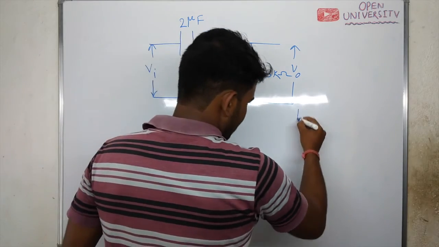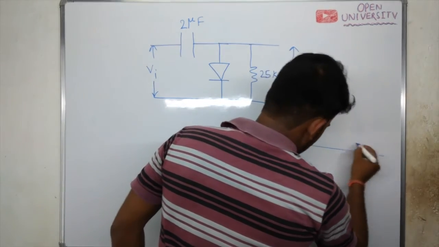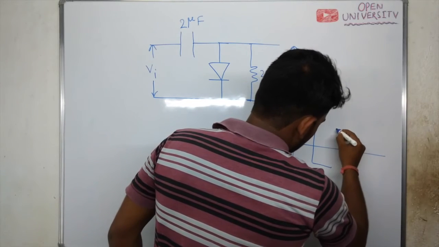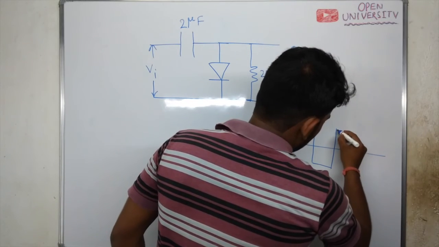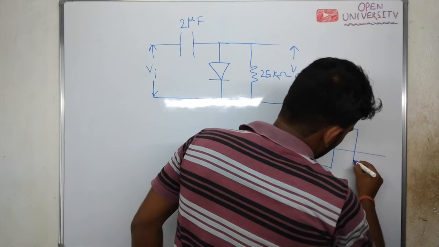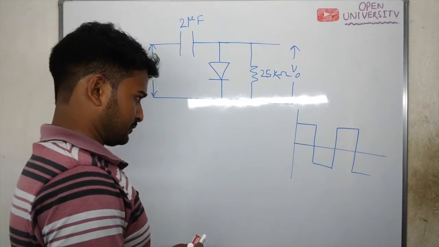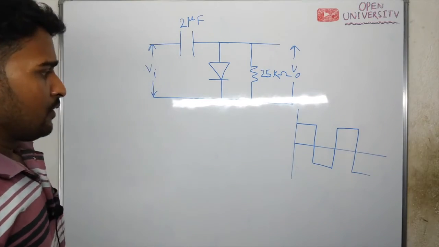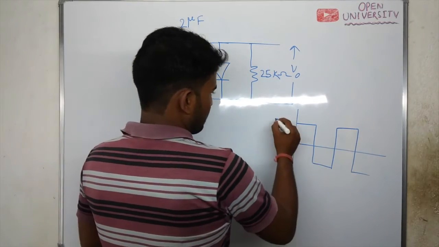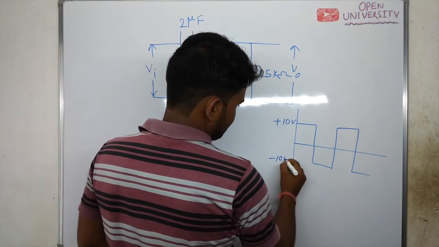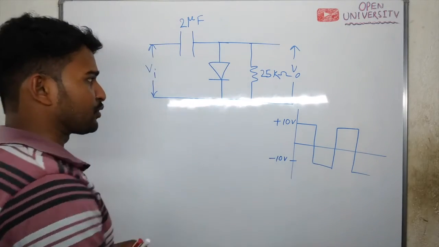You can draw the input waveform like this. This is plus 10 volt and this is minus 10 volt. This is my input waveform.